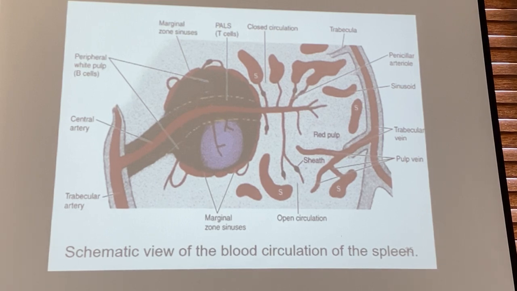They will end by capillaries. Capillaries join the venules, and venules join the splenic vein, which leaves the spleen.